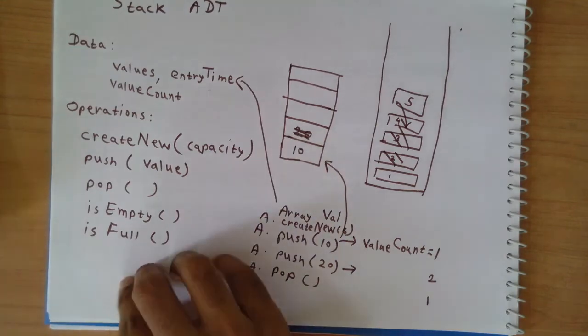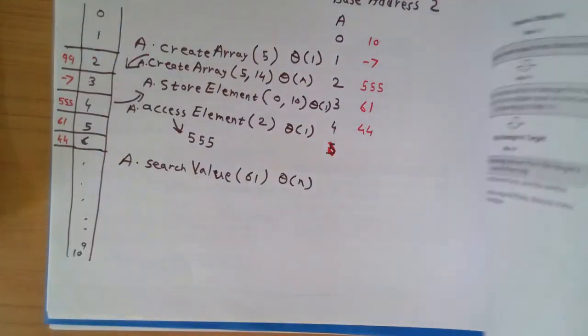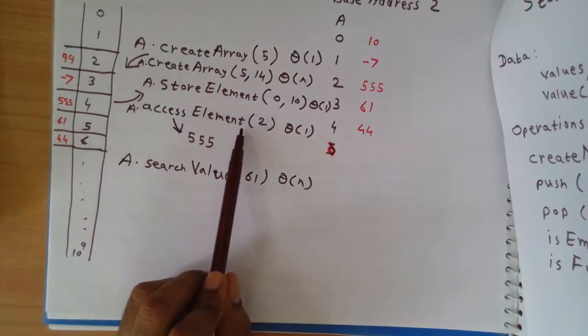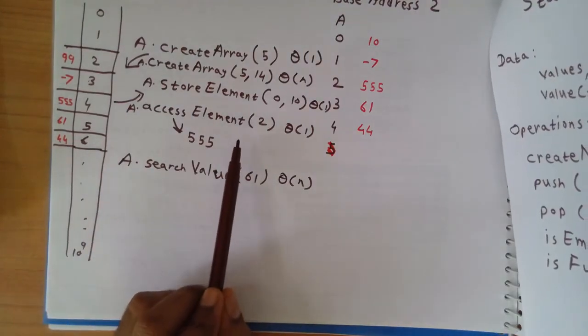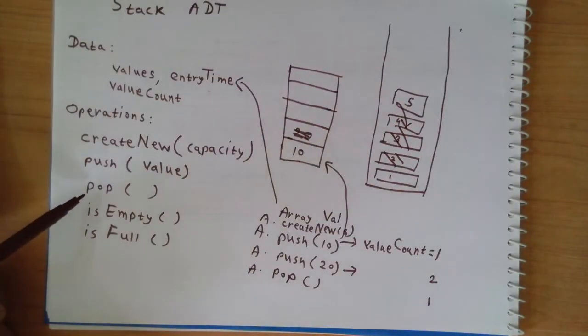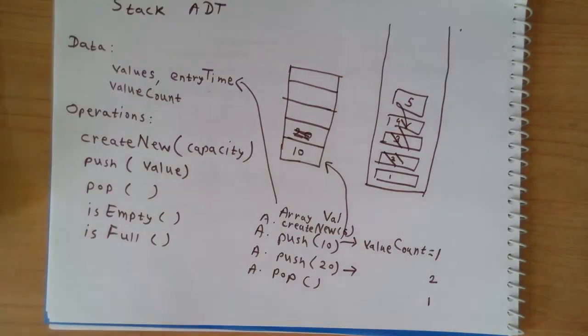And because you can go and access a particular element in a constant amount of time in this implementation of the array, my pop operation can be performed in constant amount of time.